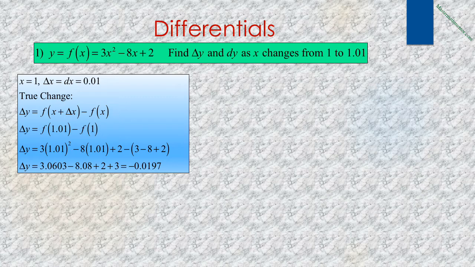Our delta y is 3.0603 minus 8.08 plus 2 plus 3, and that gives us negative 0.0197. So as x changes from 1 to 1.01, y decreases by 0.0197.